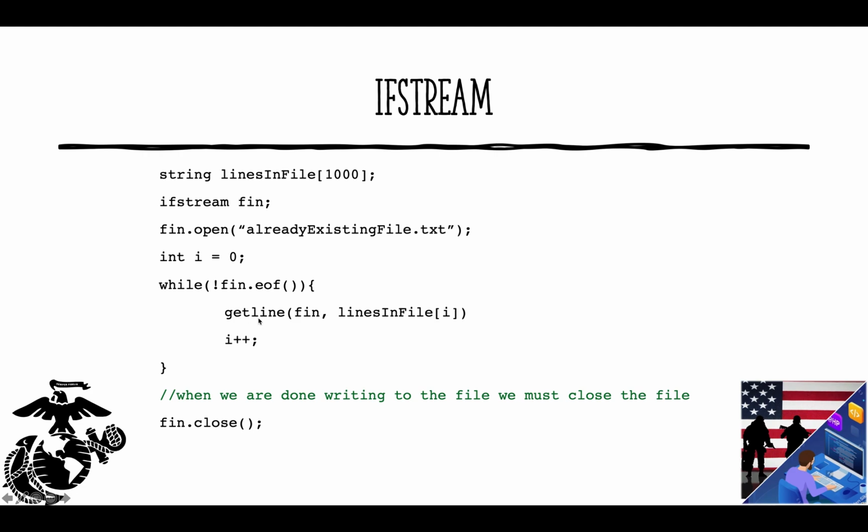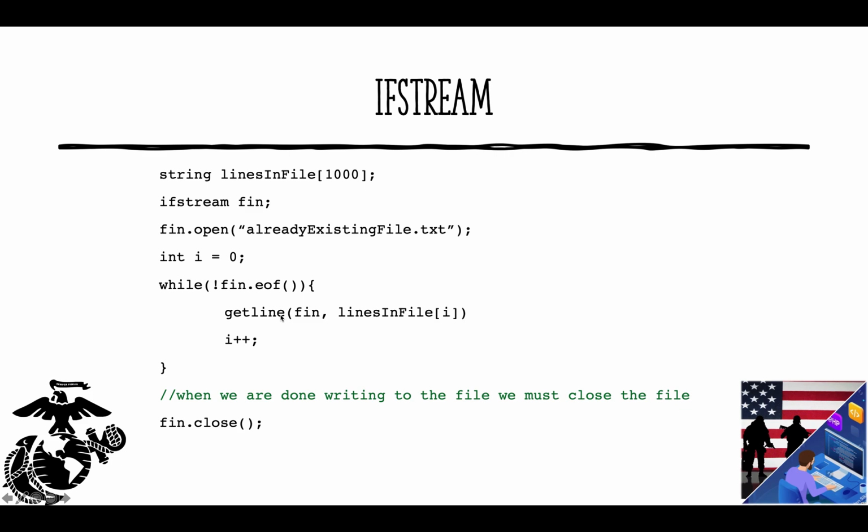So first thing we're doing is a getline. Instead of doing a cin, I'm now doing an fin, and I am storing that into my array in the 0th index. And the next thing I'm doing is I'm incrementing i, so that way the next input isn't going to store itself into the 0th index, it'll store itself into index 1, and then index 2, and index 3, and index 4.